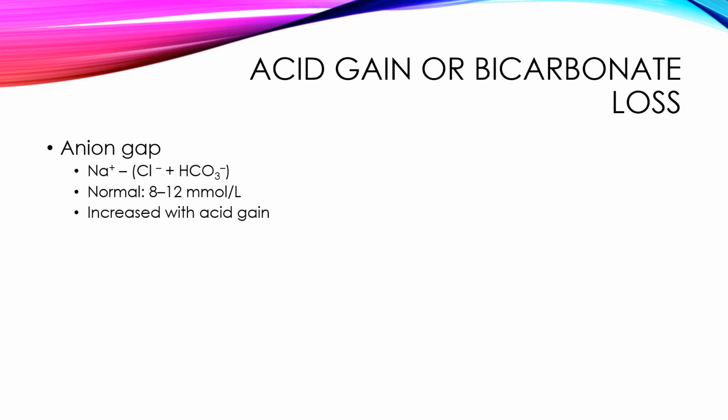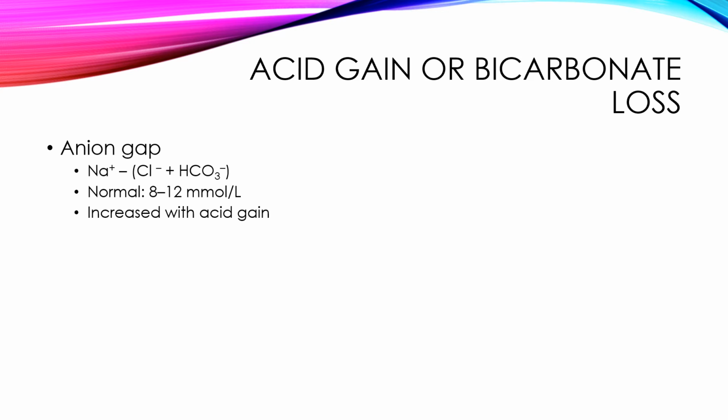So we may have a normal bicarb or a normal chloride, or even just slightly lower than normal, because of these acids that are in the body, because the acids are usually negatively charged. But what we're going to see is that this is going to increase that anion gap. So it's going to be above 12. We know that we've had this acid gain.